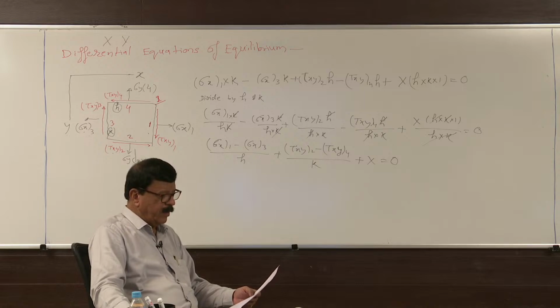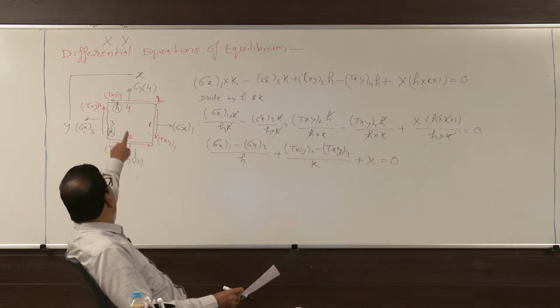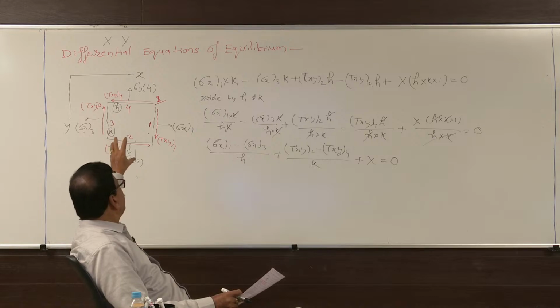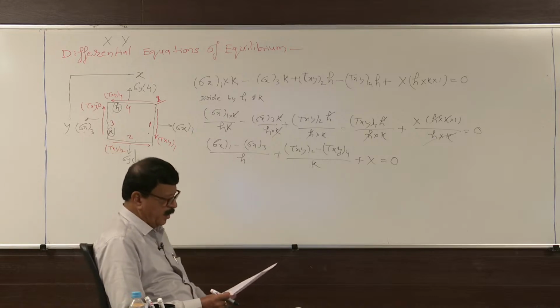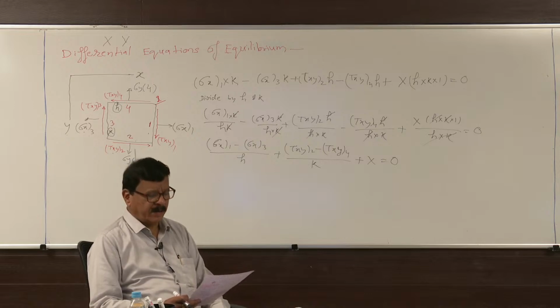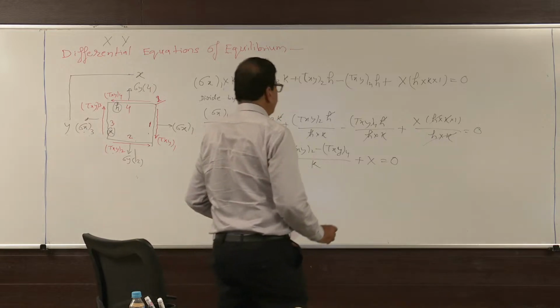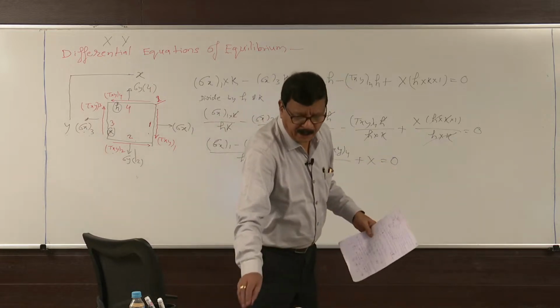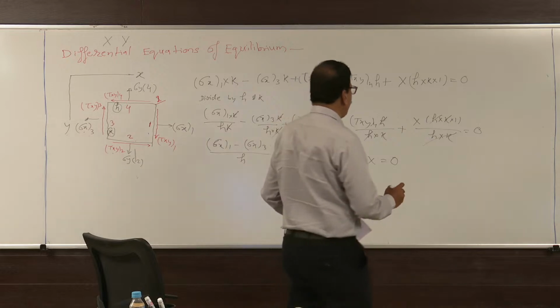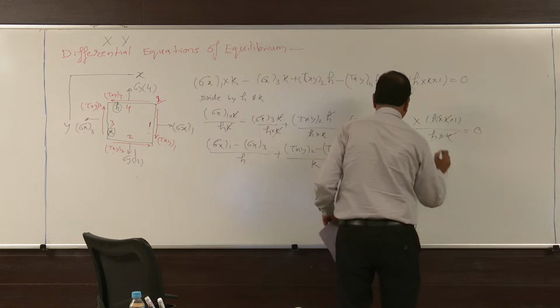Now you write down, if the block is taken smaller and smaller, means h tends to 0 and k tends to 0.